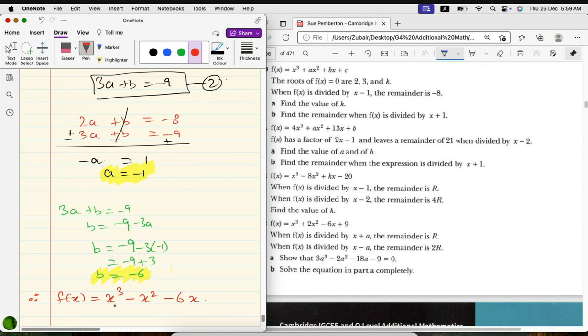And then plus 0, so we don't have to put c. Yeah, no need.